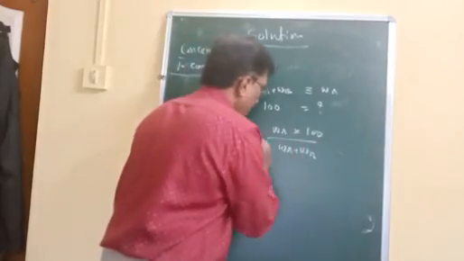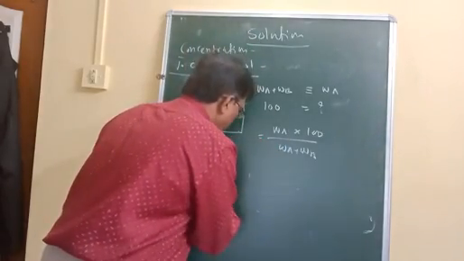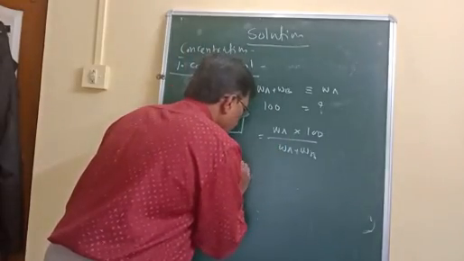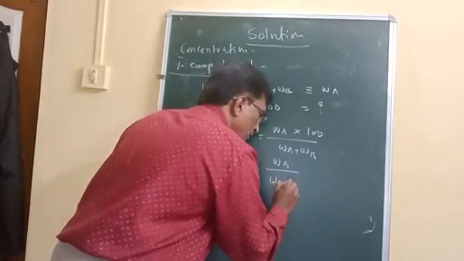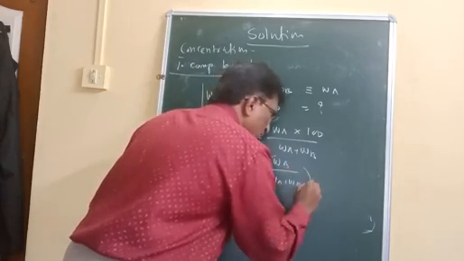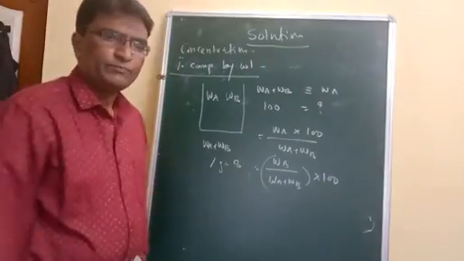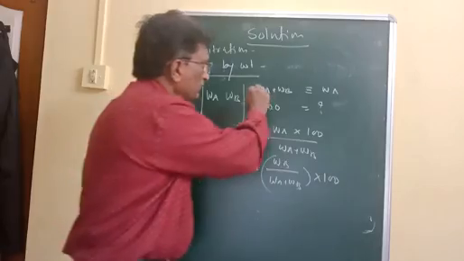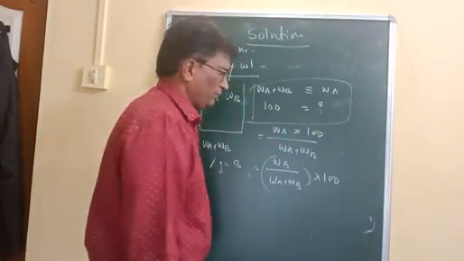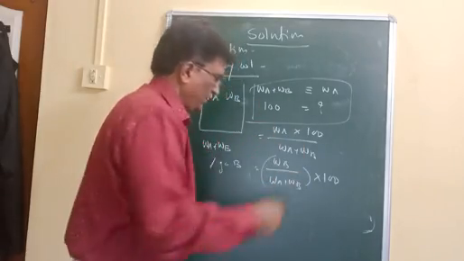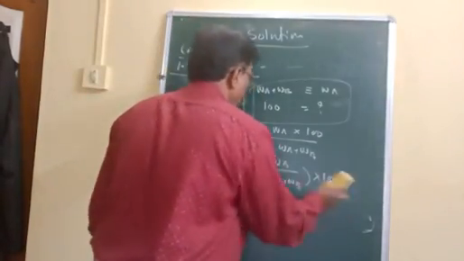That is the percentage composition of A by weight, and the percentage composition of B is equal to WB upon WA plus WB into 100. This is the percentage composition of B. By solving this cross multiplication, we can obtain the entire thing. This is percentage composition by weight.